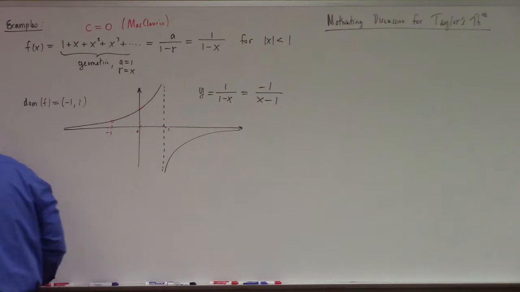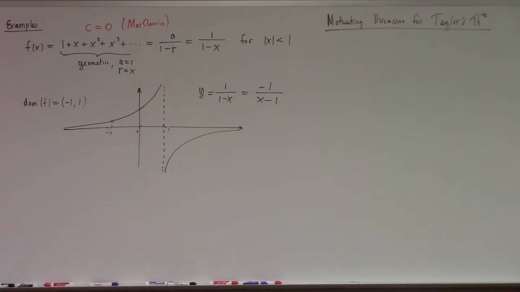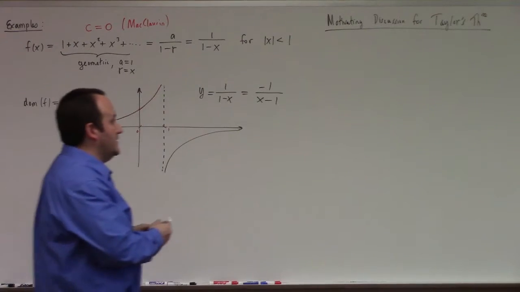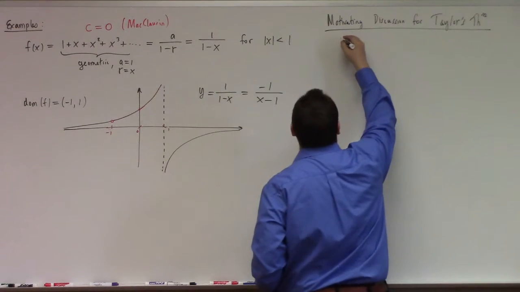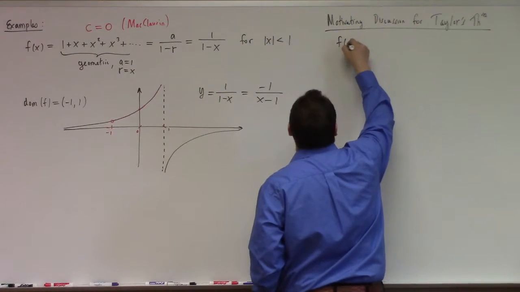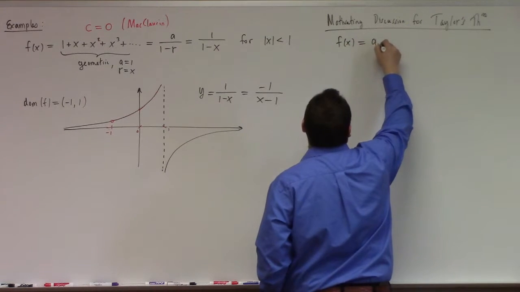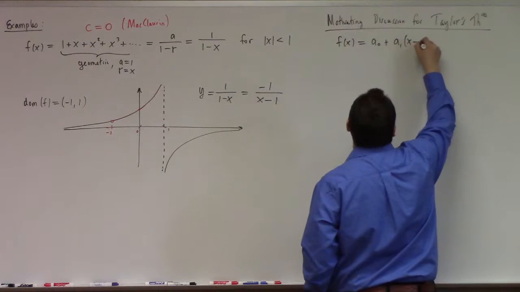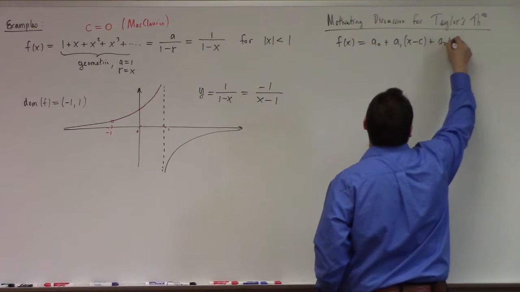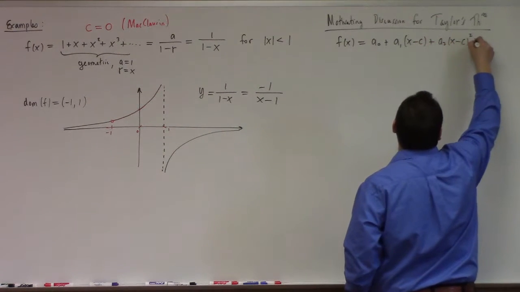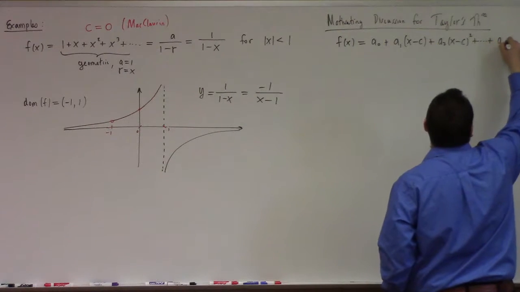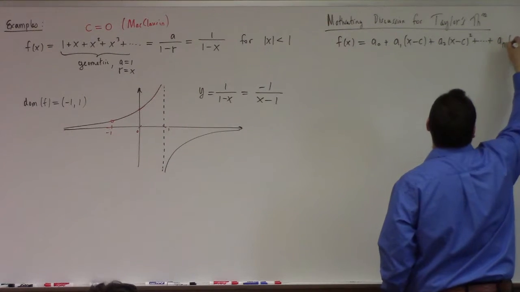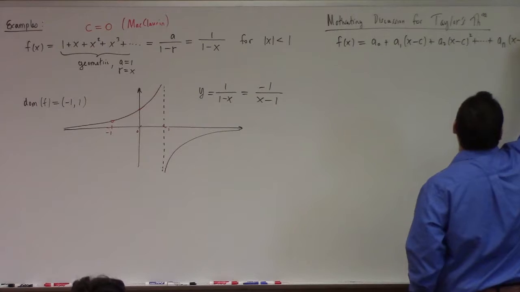So what's the connection between the coefficients here, like a naught through whatever, and the function that we're defining? It's like we have f of x is equal to a naught plus a1 times x minus c plus a2 times x minus c squared plus, plus a sub n times x minus c to the n power and so forth, right?